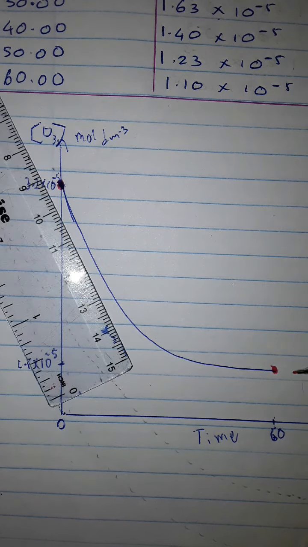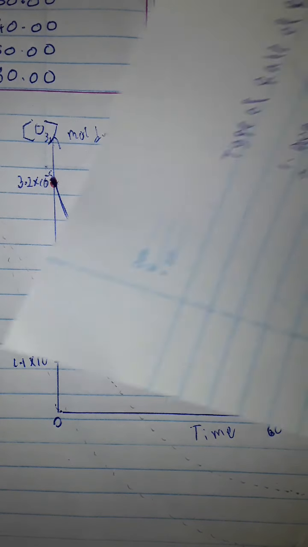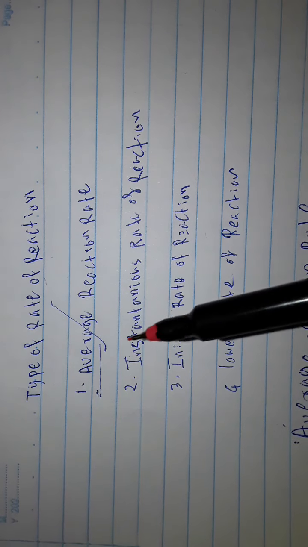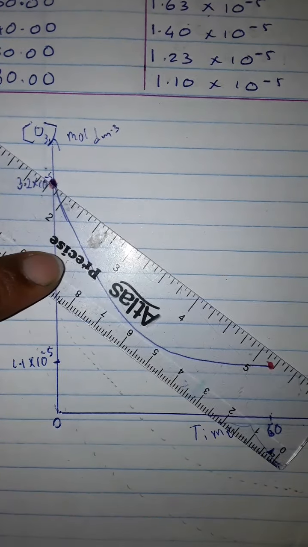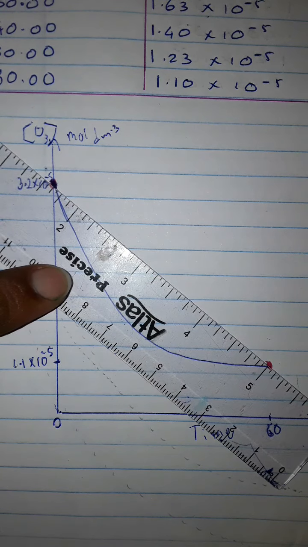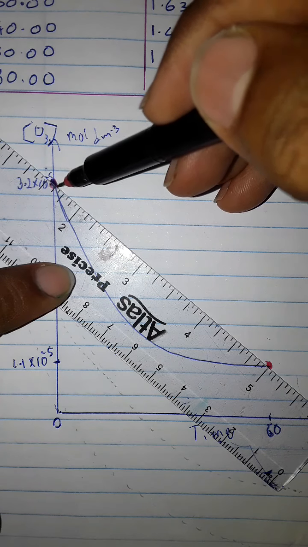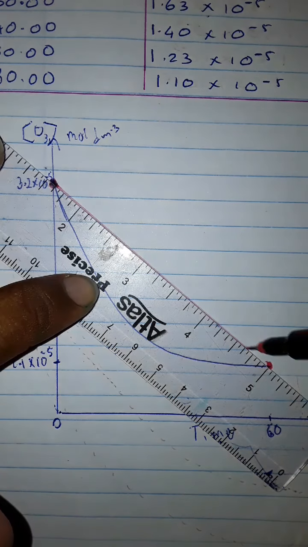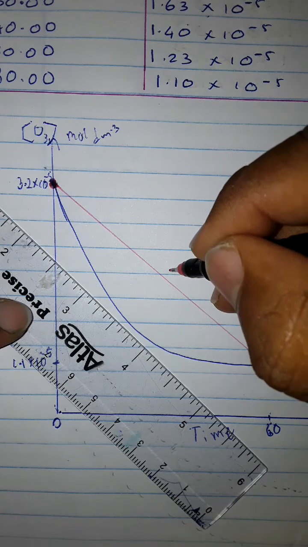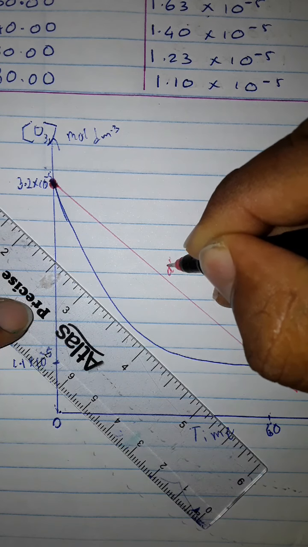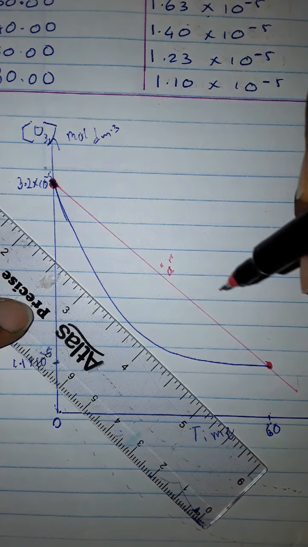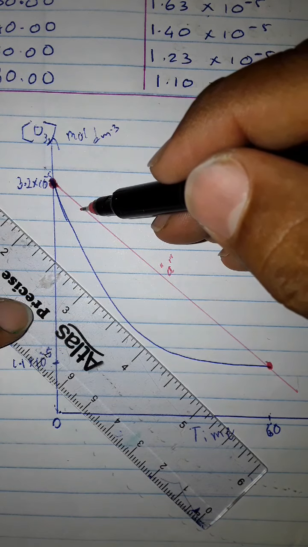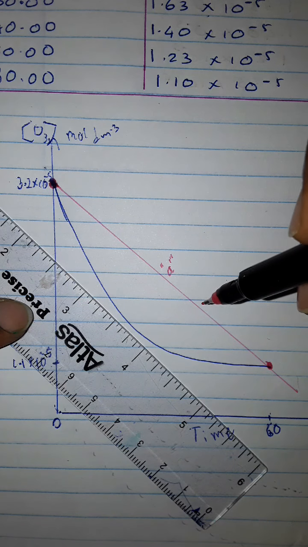How can I find the average reaction rate? I will draw a line from here to here. Let this line be A. This line A represents the average reaction rate, so the gradient of this line is the average reaction rate.